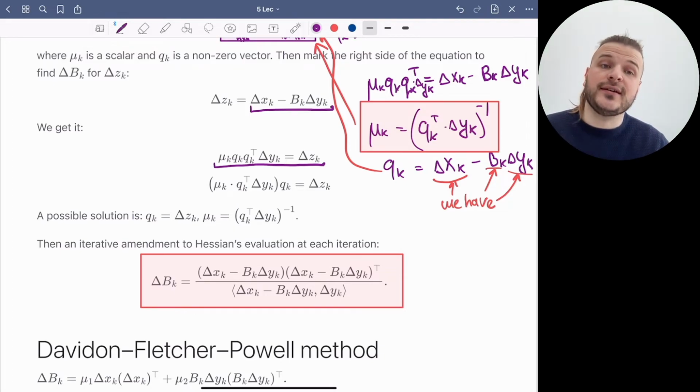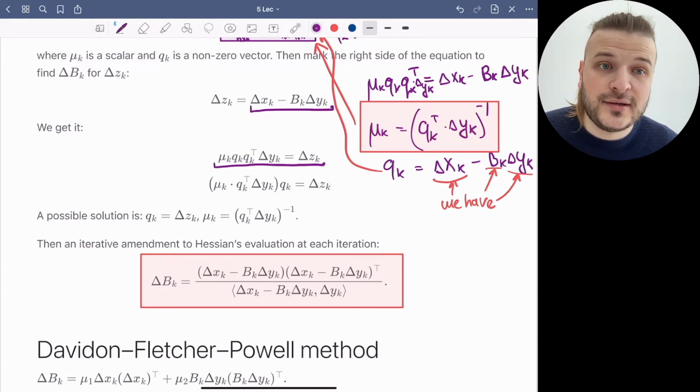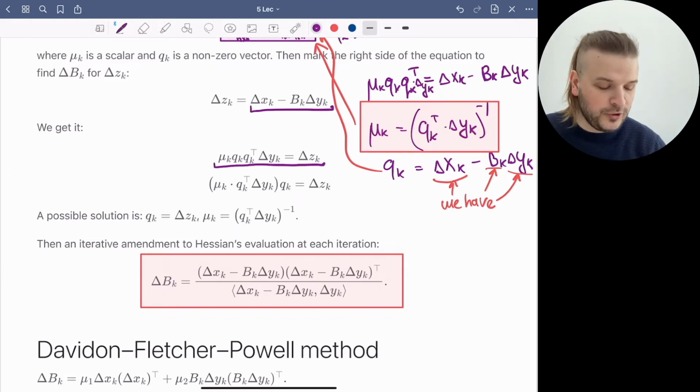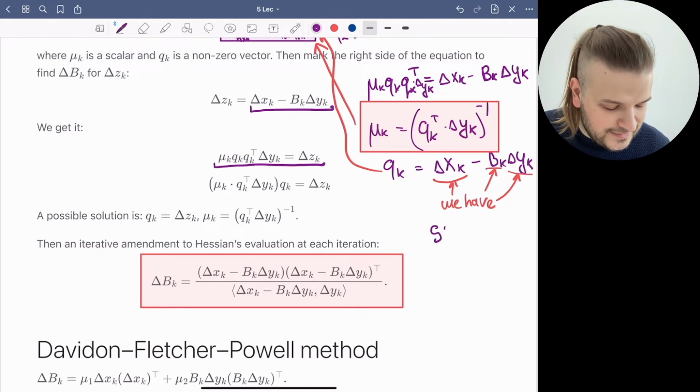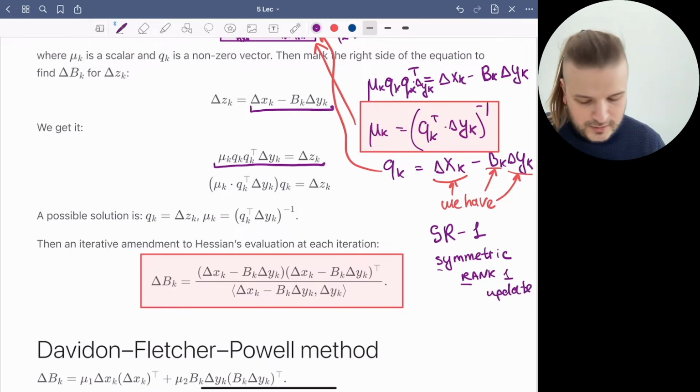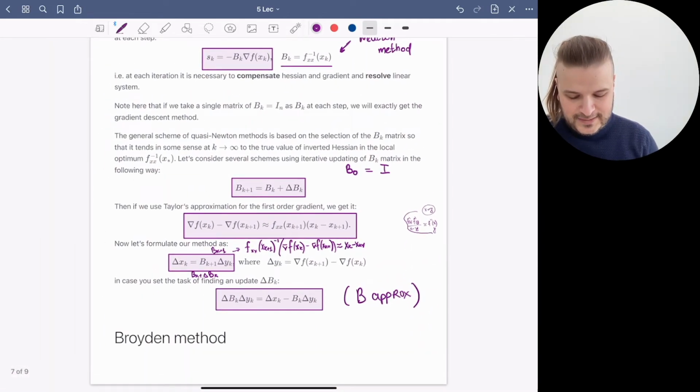And what's interesting is that you've just built a simple quasi-Newton method, which is typically called SR1, or symmetric rank 1 update. Or sometimes it's called the Broyden method also.